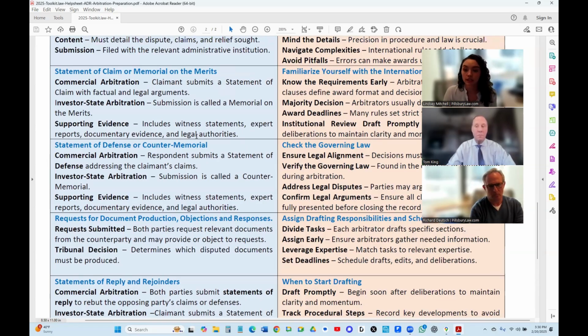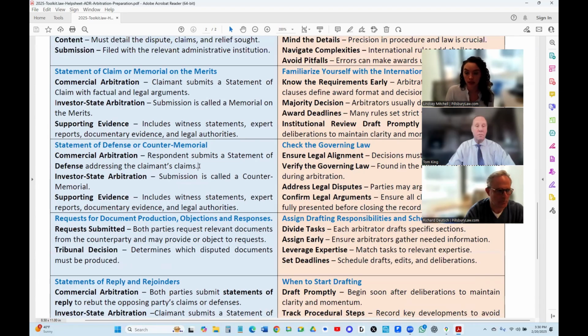So one important decision that may arise during this step is whether to bifurcate the proceedings. So that means basically to divide the arbitration into separate phases if there's different issues that must be addressed. One common way of bifurcating a proceeding would be to split the jurisdictional issues of a case from the merits of a case.